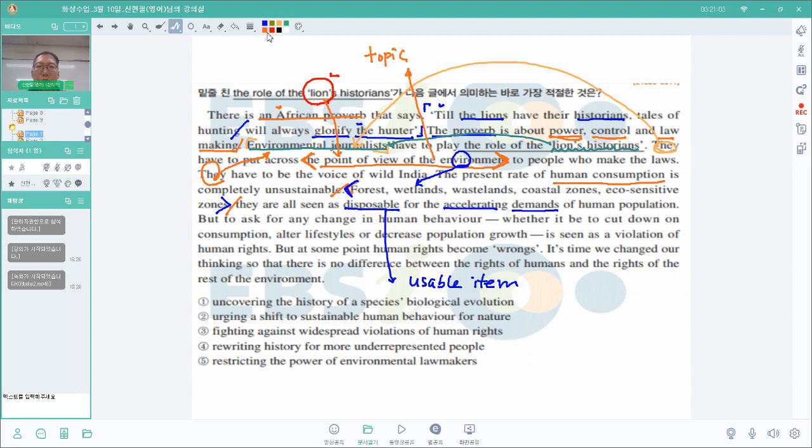But to ask for any change in human behavior, whether it be cutting down on consumption, altering lifestyle, or decreasing population growth, is seen as a violation of human rights.